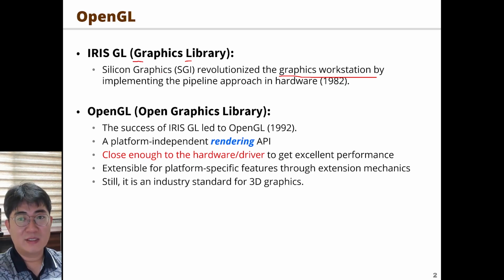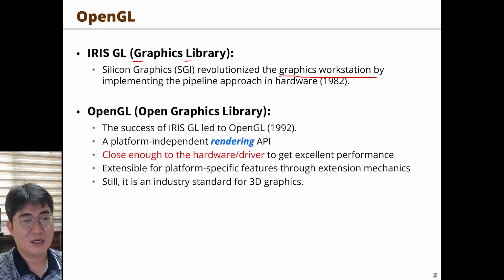They made some really great hardware, and they also implemented the pipeline approach in their hardware. So they needed a supporting graphics library, that is Iris GL. Then from Iris GL, we may know its successor is OpenGL.